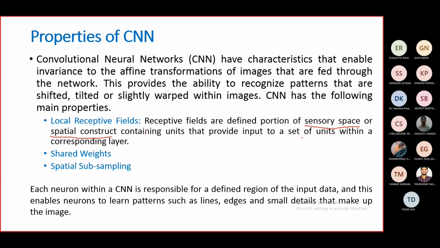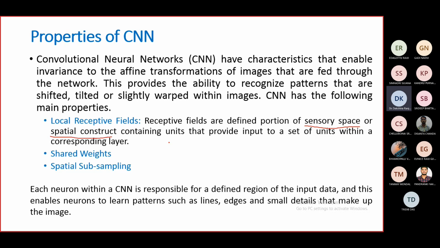If we consider the receptive field as a 1 by 1, 2 by 2, or 3 by 3 neighborhood area defined in the input image, then that receptive field can use the pixel values or gray level values within that neighborhood area, whether it is 3 by 3, 2 by 2, 4 by 4, or 5 by 5.